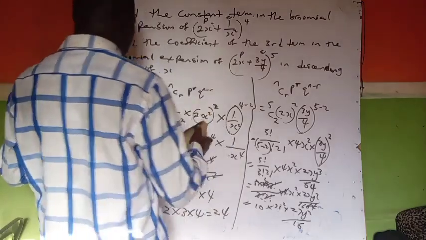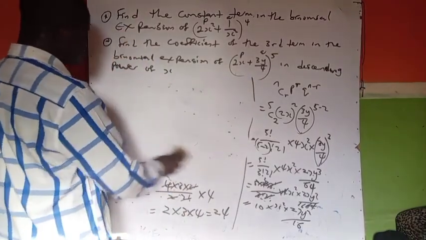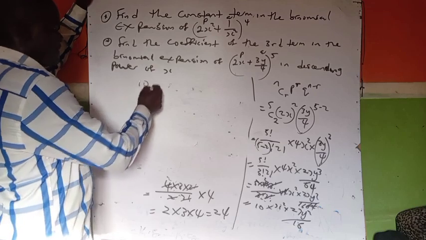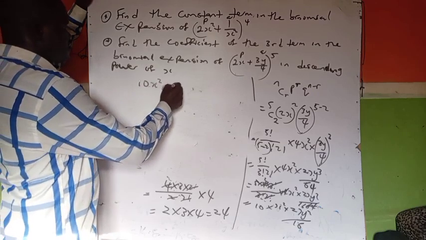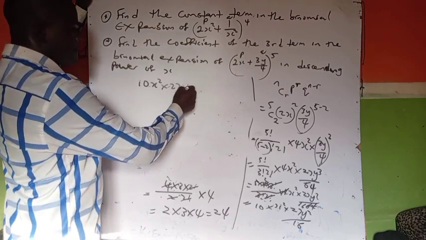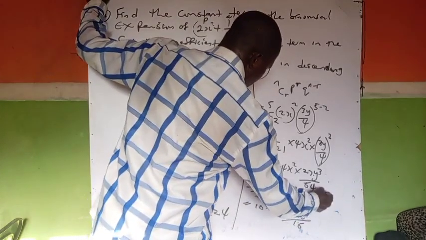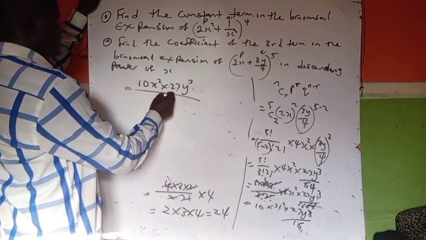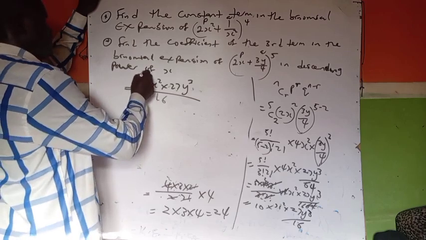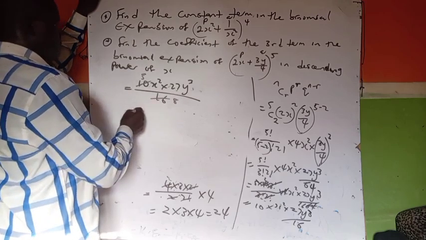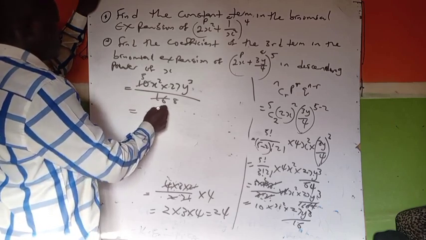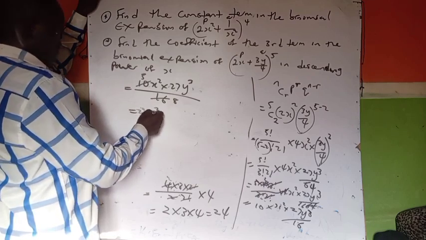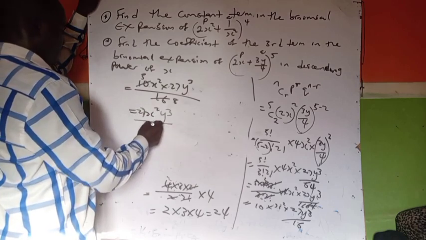So from here, the result is 10 x squared times 27y raised to power 3 over 16. So 2 here 5, 2 here 8. So you have x squared, that will be 27 x squared y raised to power 3 over 8.